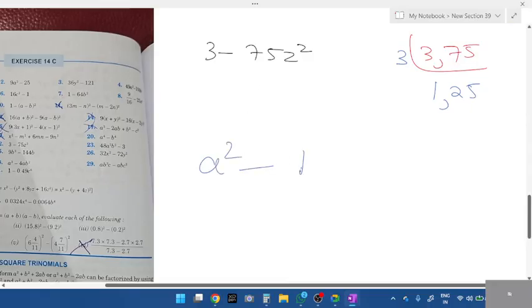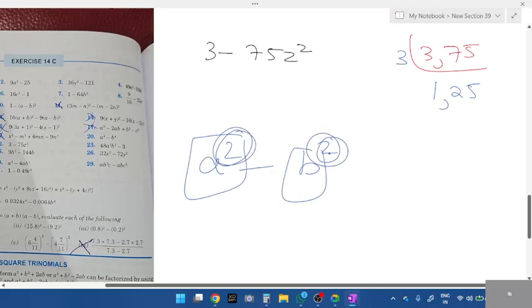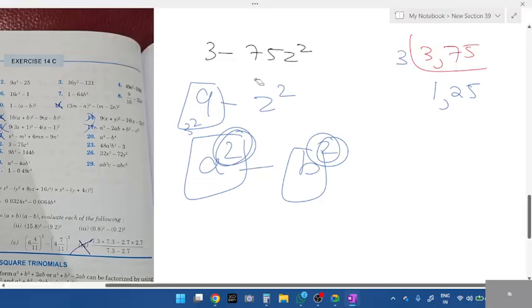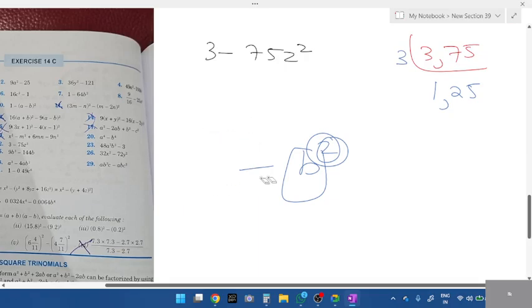In order to apply a square minus b square, a should also be a square and b should also be a square. If 3 is given, 3 will not have a square, students. If 9 was given, now how do you convert 9? Correct. Therefore, 3 is not a perfect square. We can't use a square minus b square for this. Fine?